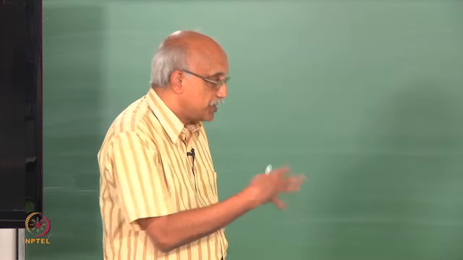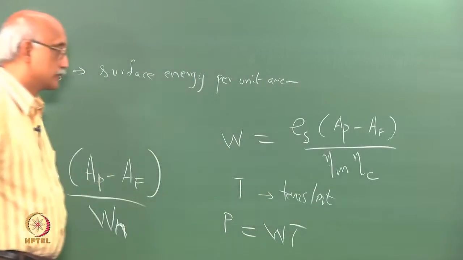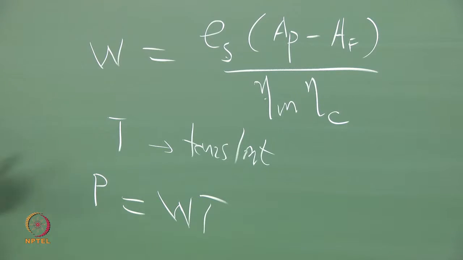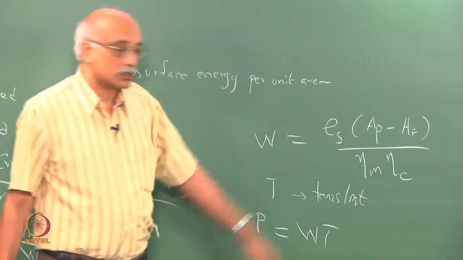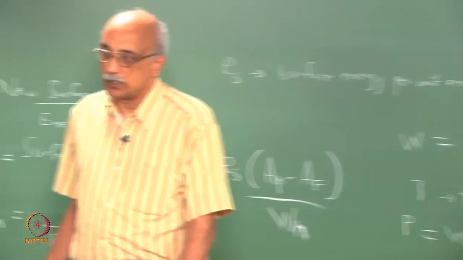So, how do you minimize that power? You have to look at each of these values, and you should try to maximize the denominator and minimize the numerator.